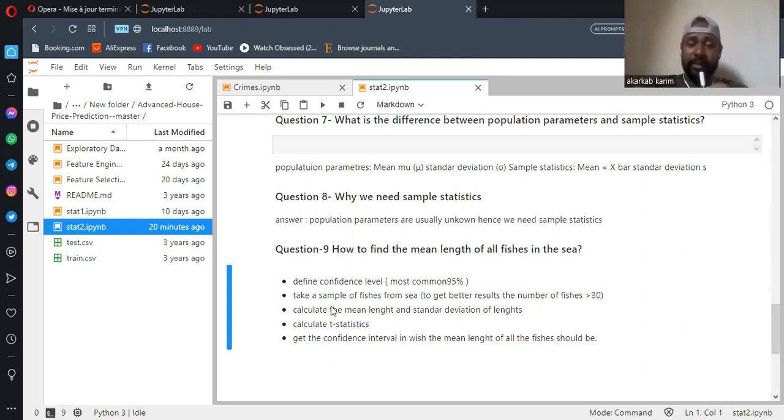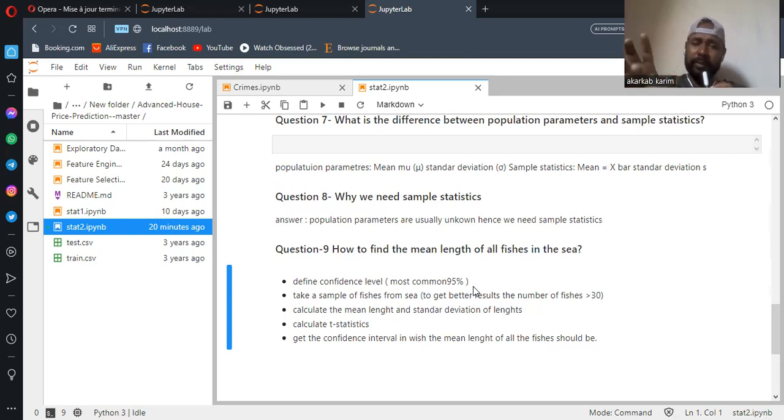So the second step, the confidence interval, the most common is 95%. The confidence interval means the probability. So we have this confidence interval. I mean, what is the probability?